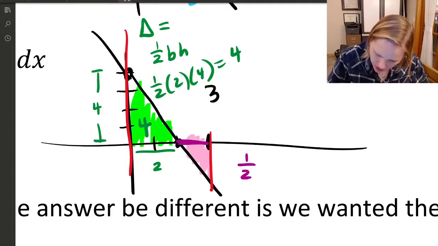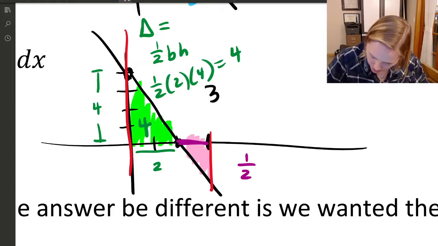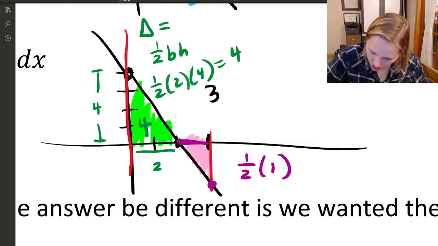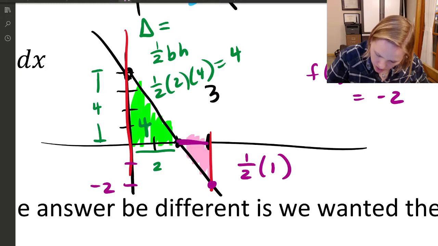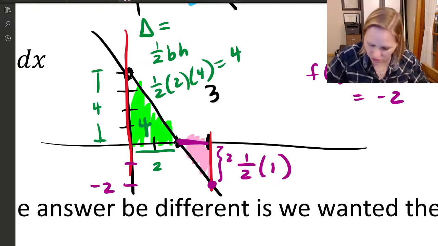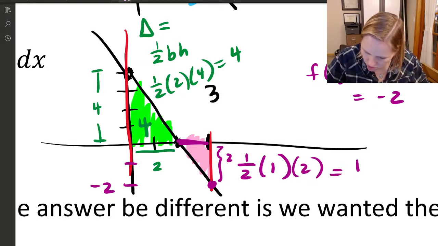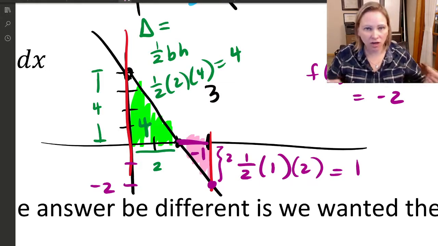Let's see, the base of the triangle is 1. And then I guess I need to know what this is. I'm going to have to find f of 3. Negative 2 times 3 plus 4 is going to be negative 2. So that means that this side has a length of 2. So the area is 1, but I'm going to treat it as negative because it's under the curve.